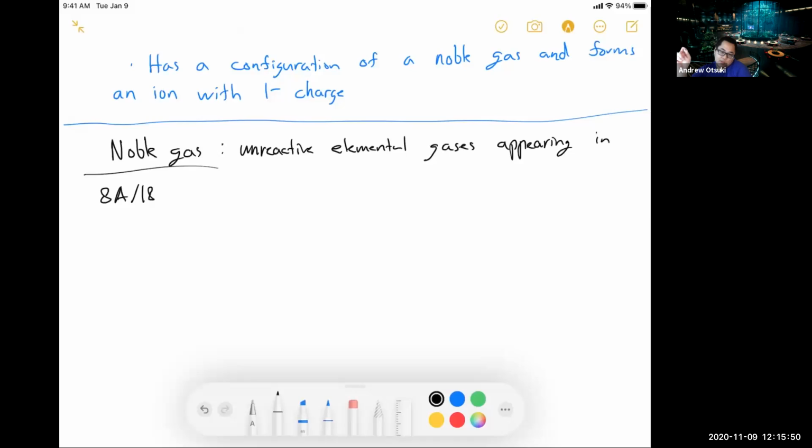That's one common question. So you have to be able to read periods, the rows across the periodic table, and how to find the group numbers 1A, 2A, 18, 16, etc. It's important that you know how to identify these families and the group number they're in. Group 18 of the periodic table.